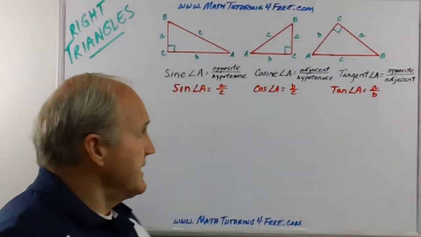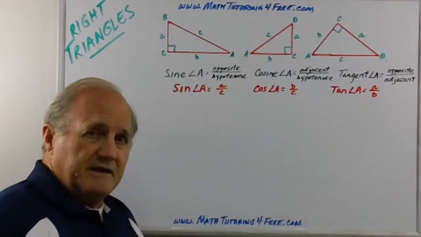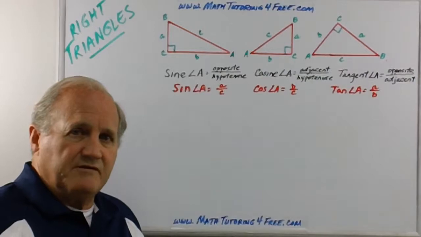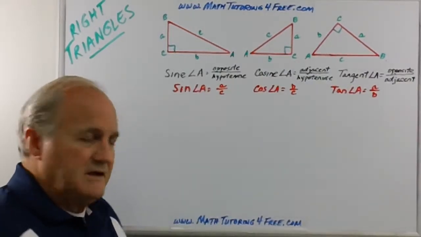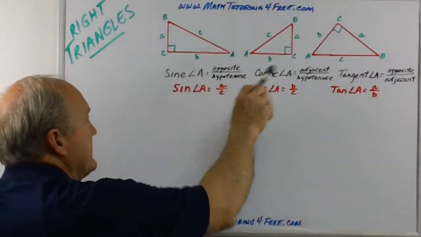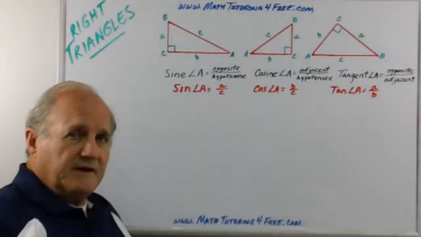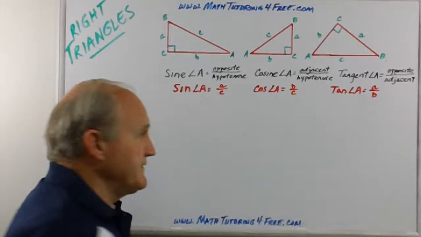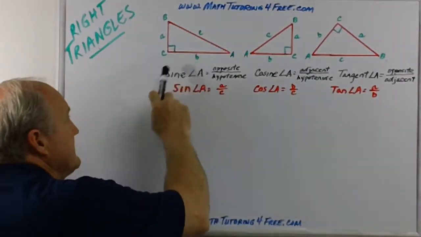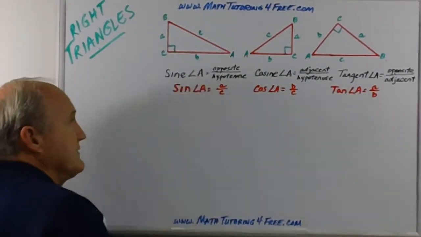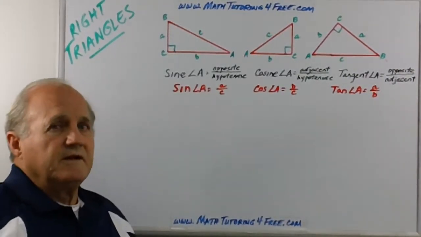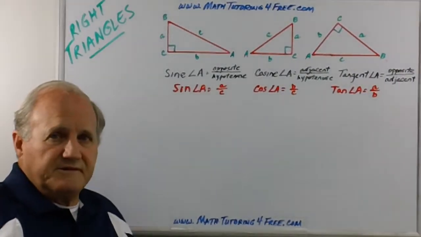First of all, with right triangles, you want to have some convention of how you label these triangles. I've just drawn three right triangles up here, and notice the different orientation. If the triangle's turned, kids get confused and say, where's the right angle?